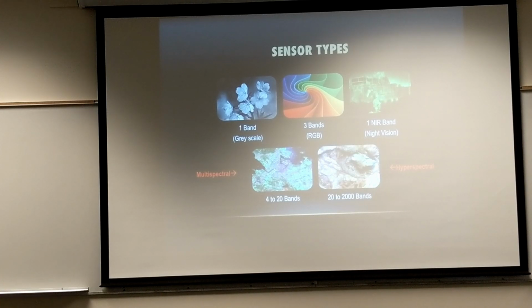But when you start getting more than 3 bands, this is where you get into the multispectral range. And this is commonly on satellites. You'll have 5, 6, 10 bands. And those bands may cover the visible, so you'll probably get your 3 RGB bands. But you'll get bands that go into the near infrared. They'll be picking up information maybe at 1 microns, 2 microns, and so on. Now there are lots of hyperspectral sensors coming out, and they collect data with 20 to 2,000 bands.